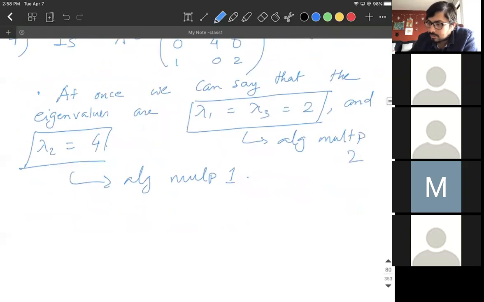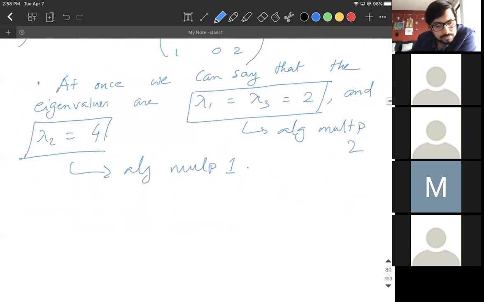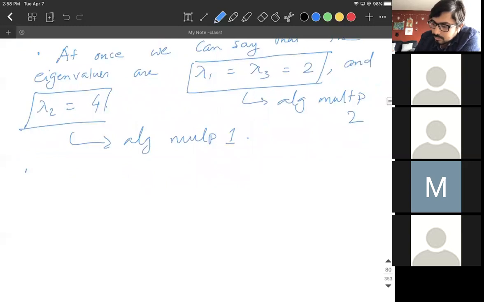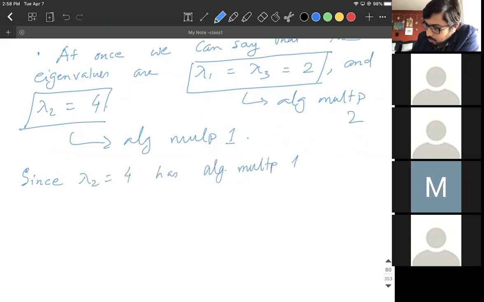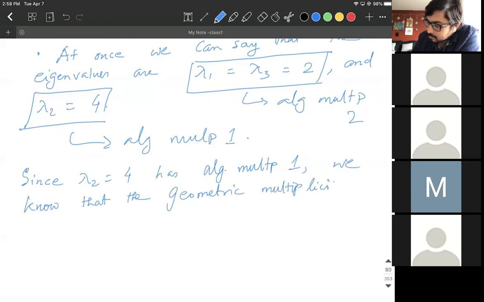So in this case, let's check the eigenspace for 2. So let's, at least for this problem, write out the reason. Since lambda 2 equals 4 has algebraic multiplicity 1, we know that the geometric multiplicity of it has to be 1.